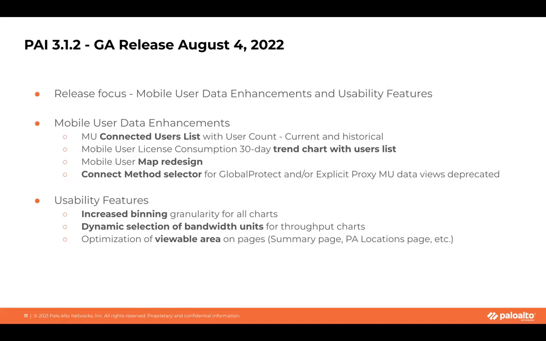All the infrastructure related alerts were being sent to you through the alert framework, and we brought in the platform to the same platform that runs the backend for Prisma Access Insights.